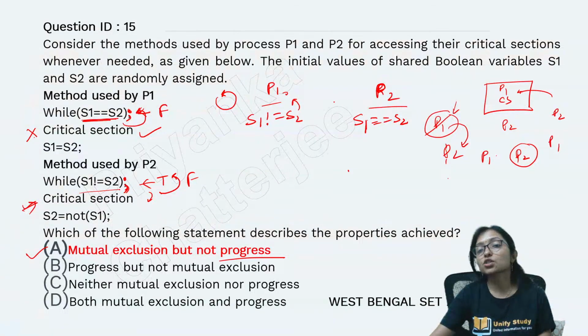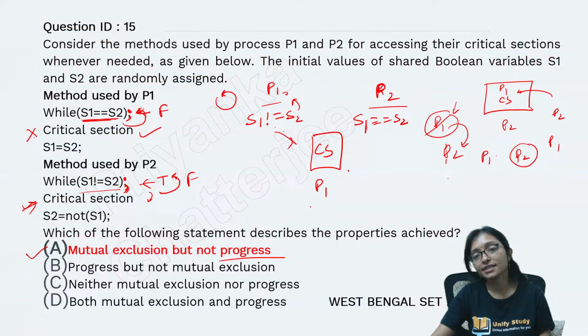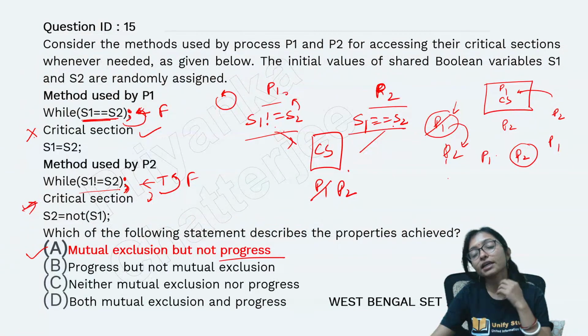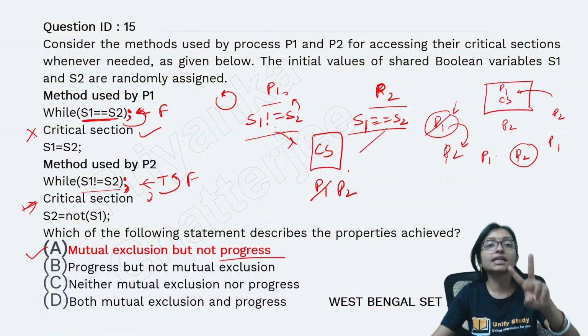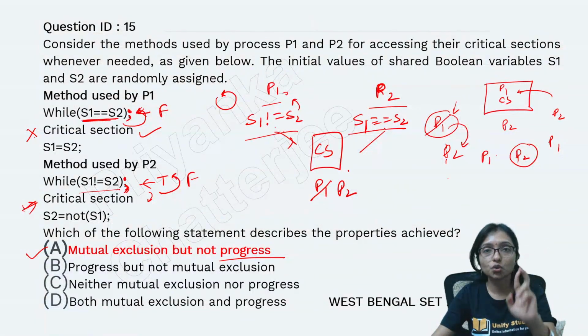So it is just the opposite rule. At a time in the critical section, when it is not equal, P1 is getting a chance. When it is equal, P2 is getting a chance. These two conditions are completely opposite conditions. That's why it is satisfying mutual exclusion.